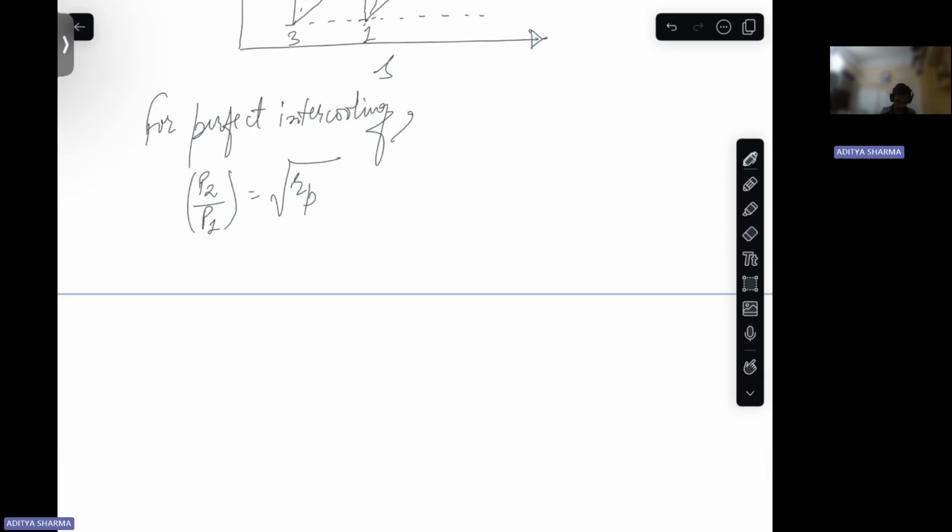In that case, because P1 is 1, P2 is equal to root of RP. This is root of 7, so this comes out to be 2.64.